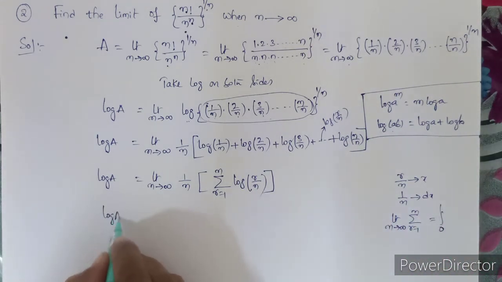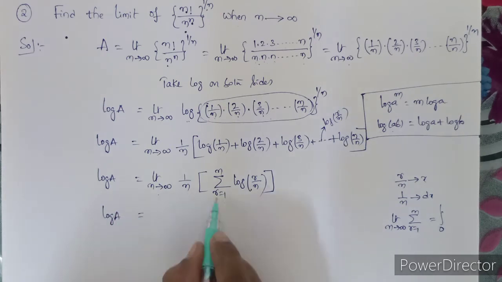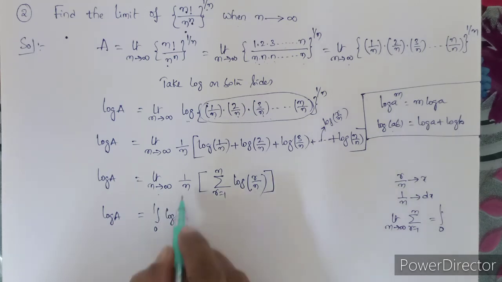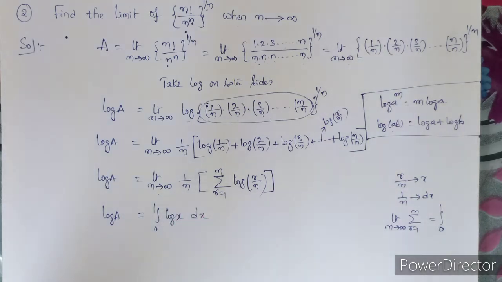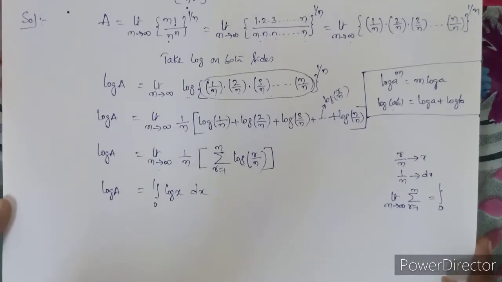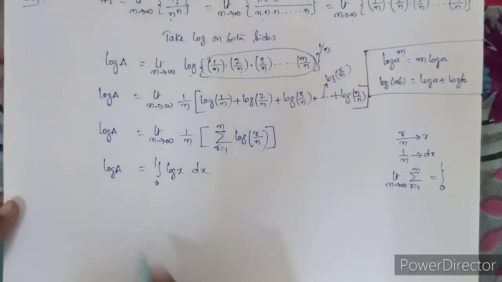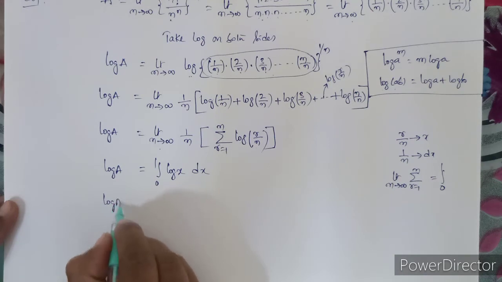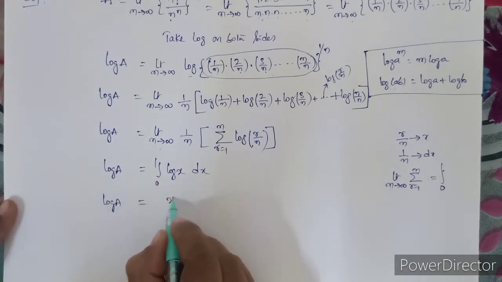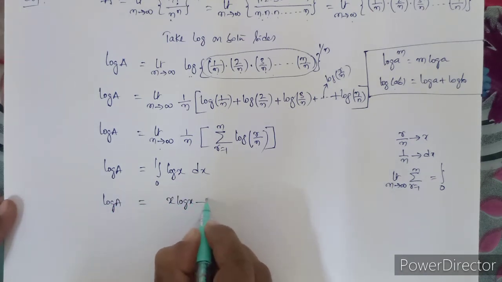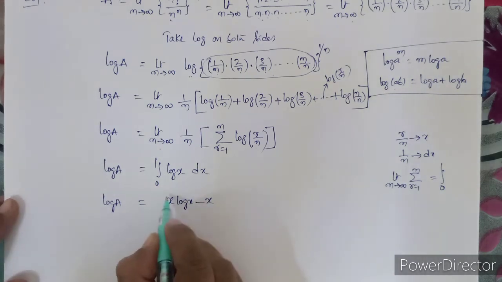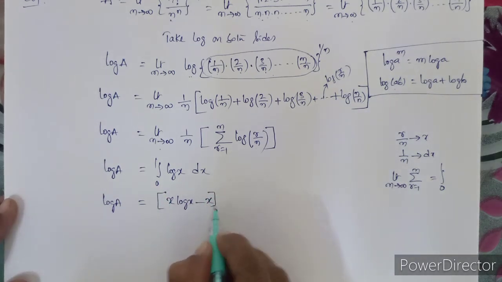Log A is equal to limit of sum is replaced by integral 0 to 1, log of r by n is replaced by x, 1 by n by dx. Now we have to integrate this. Log A is equal to, on integrating log x, we will get x log x minus x. Integration over. Now limits 0 to 1.